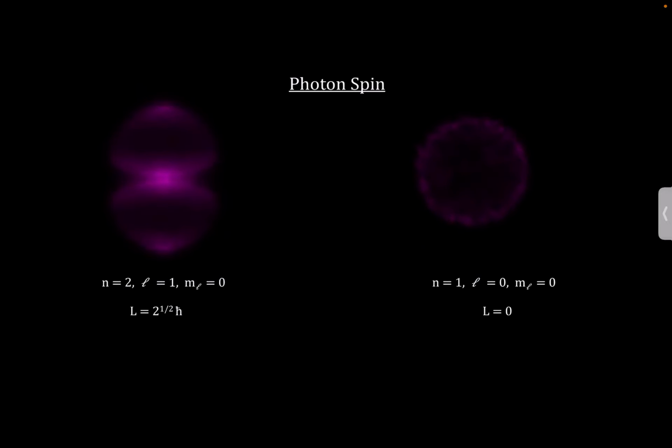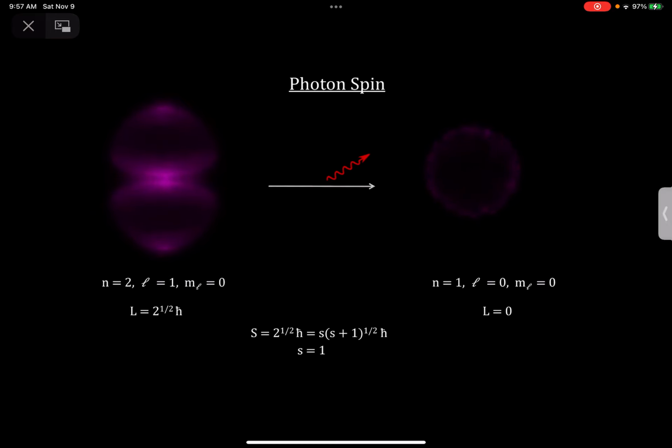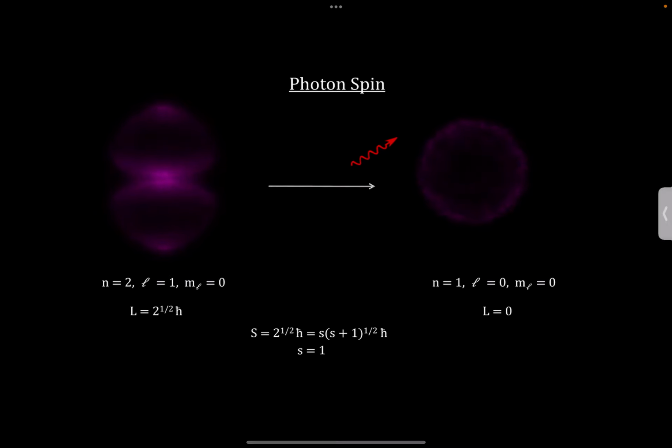It is interesting to note that whenever an electron in an atom changes state, the atom's angular momentum changes. For example, here an electron moves from a higher energy orbital with angular momentum to a lower orbital with no angular momentum. We see that the emitted photon carries away both the energy and the angular momentum, giving it a spin equal to 1.